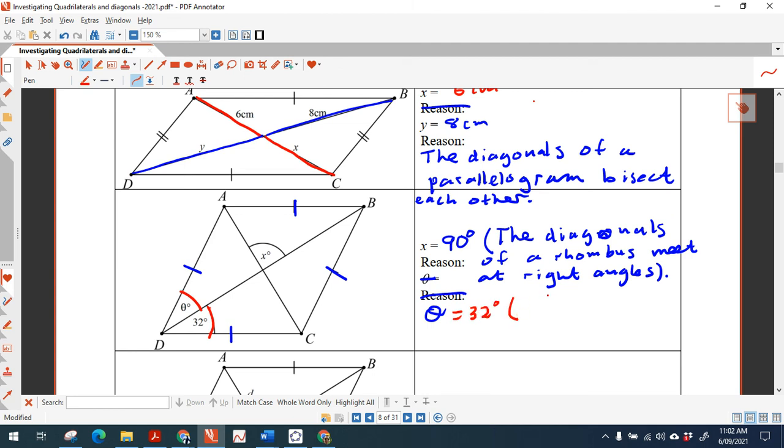And the reason being the diagonals of a rhombus bisect the angles through which they pass.